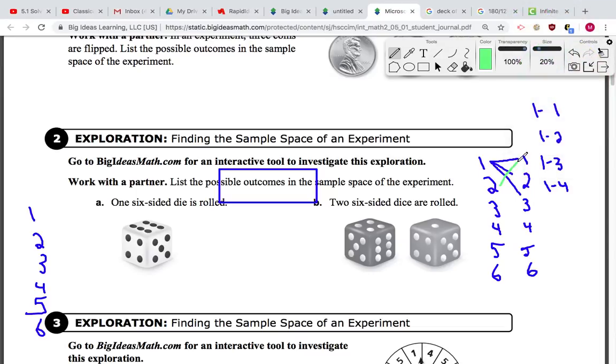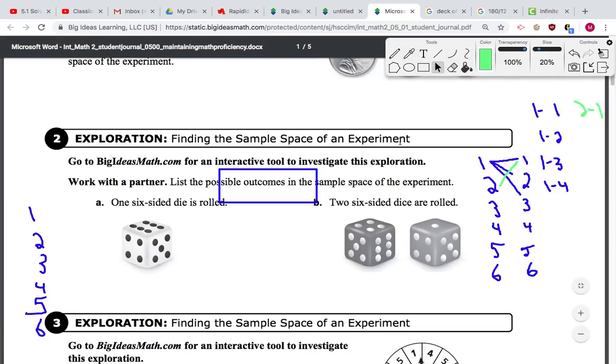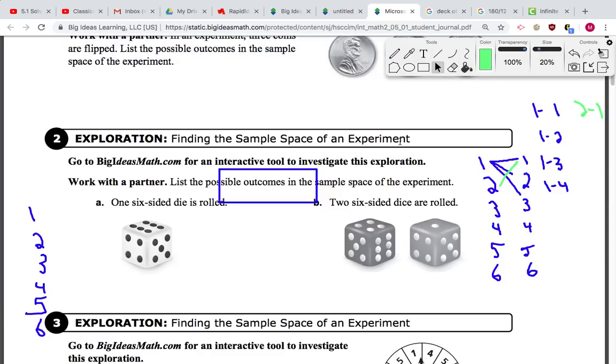Then you have 2 and 1. Right? So I know it might seem tedious, or, you know, it is tedious for some of you. But working on this helps you understand how many possibilities there are, and when you work it out, you should have 36 different results written down.